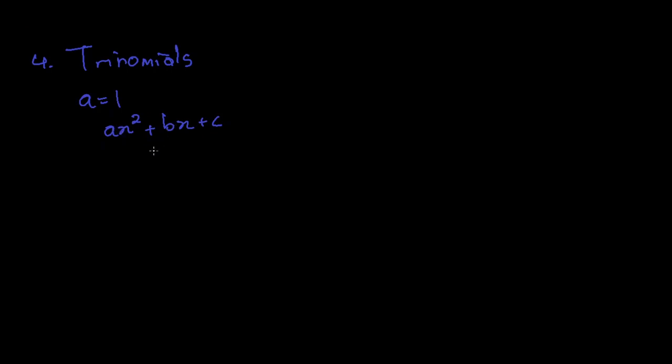If we have this expression, for example, x squared plus 3x plus 2, to factorize this... I'm also going to show you tips on what to look out for and how to solve these quickly. Firstly, to factorize this, you open up two brackets.